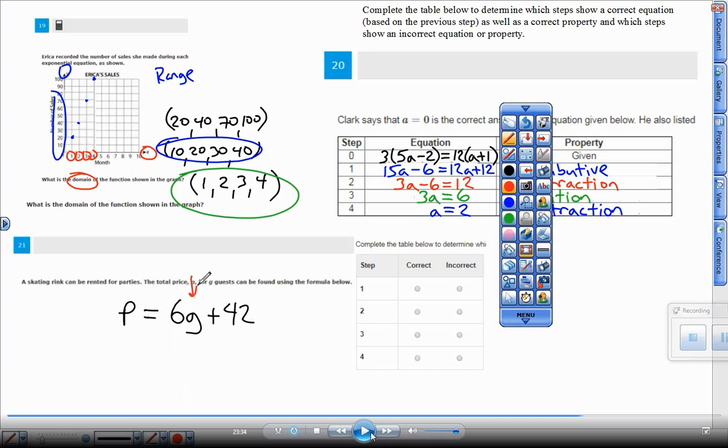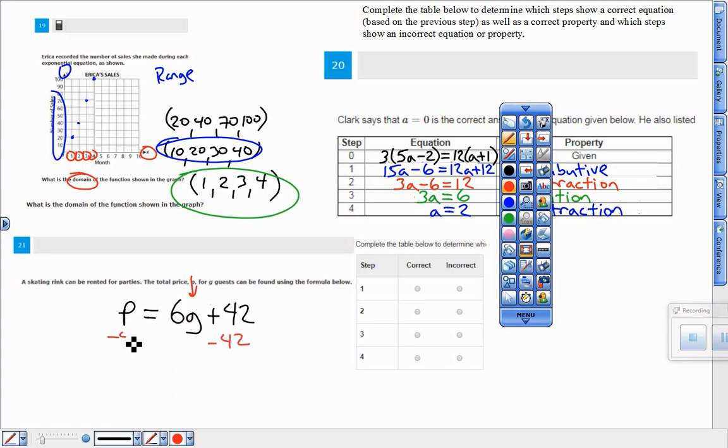All right, for this next one, solve for g. Take away that 42. Bring down p minus 42 equals 6g. Divide both sides by 6. And that gives me p over 6.